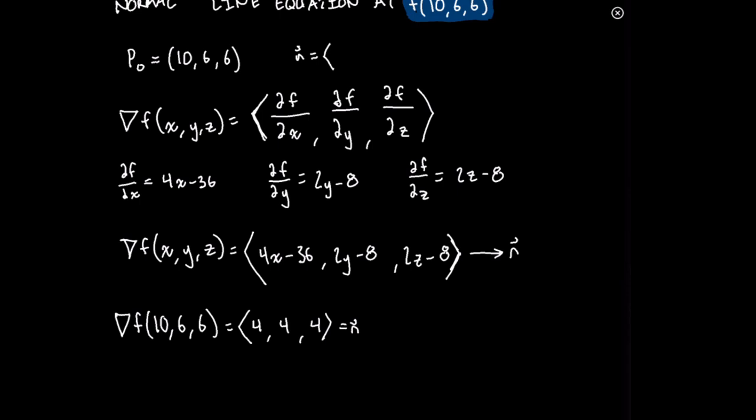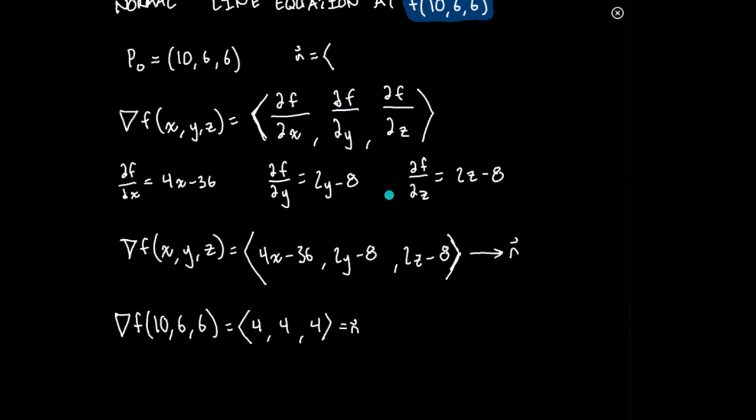Okay, just to review what we did here for the normal vector, we took the gradient function of f of x, y, z, which is a vector composed of the partial derivatives of each of the components. The partial derivative of f with respect to x, the partial derivative of f with respect to y is our y component, and then the partial derivative of f with respect to z is our z component of our vector.